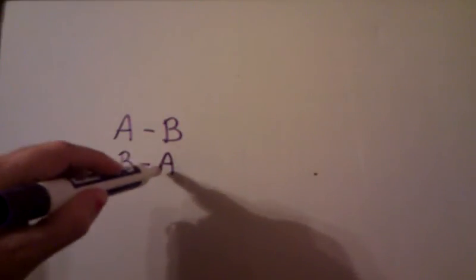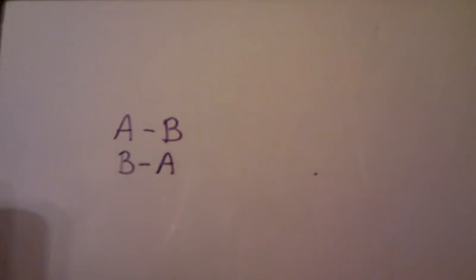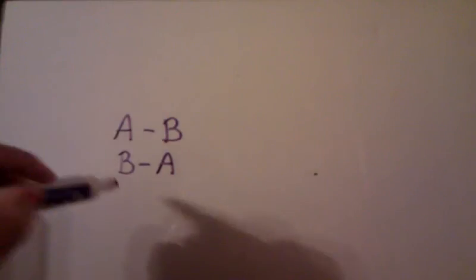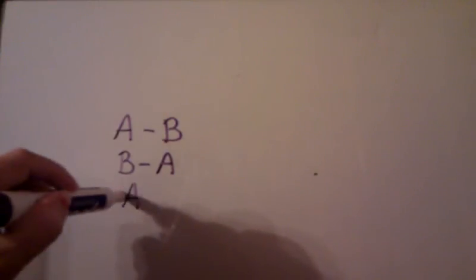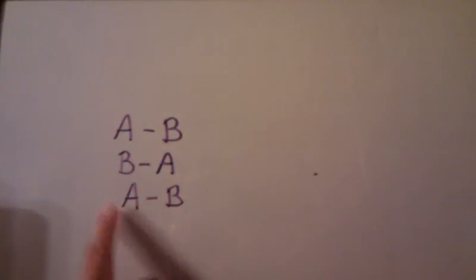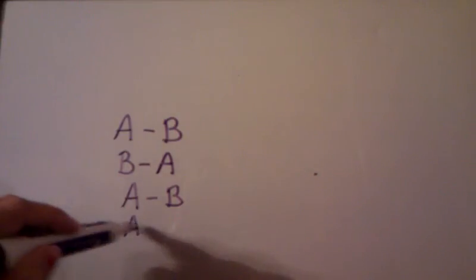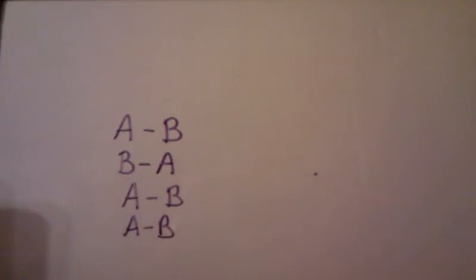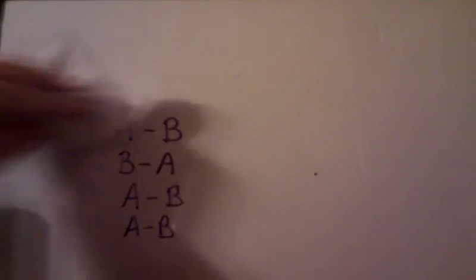Reduce A by B. So reduce is minus A by B. Find A diminished by B. Just make sure you keep reviewing those words that we put in your notes.